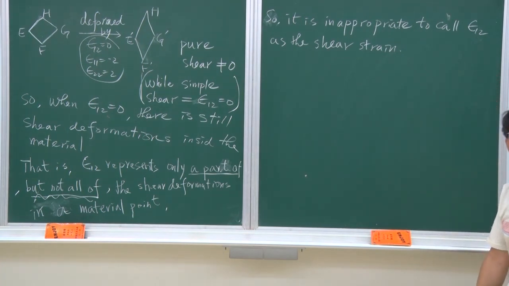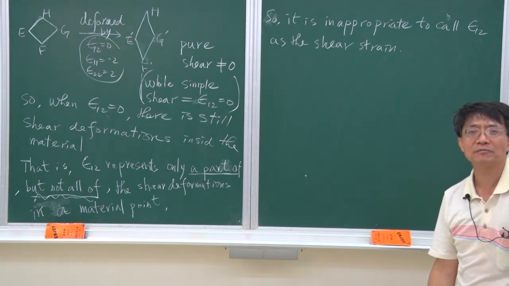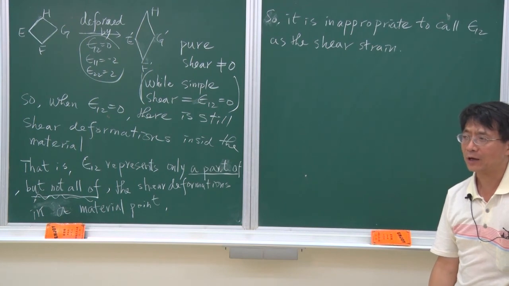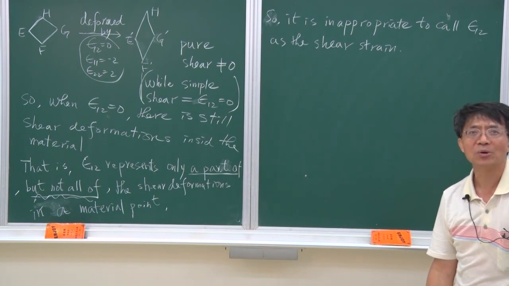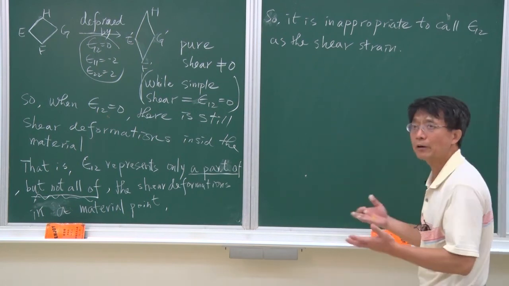This is the first thing you should be aware of, because in the undergraduate years we got used to this wrong idea, to call ε12 the shear strain. But today you can adjust yourself. You have a new mind today.